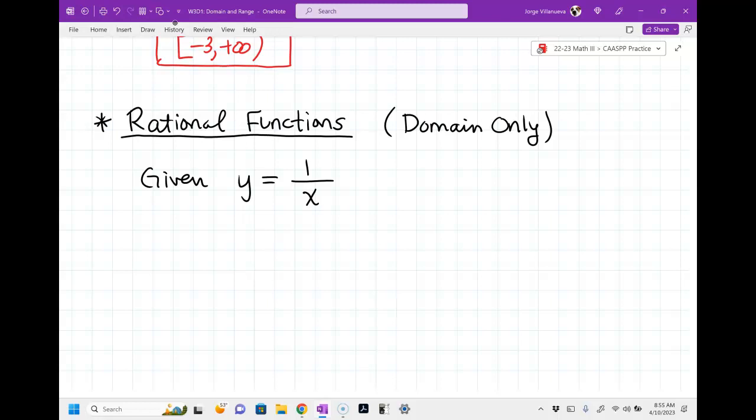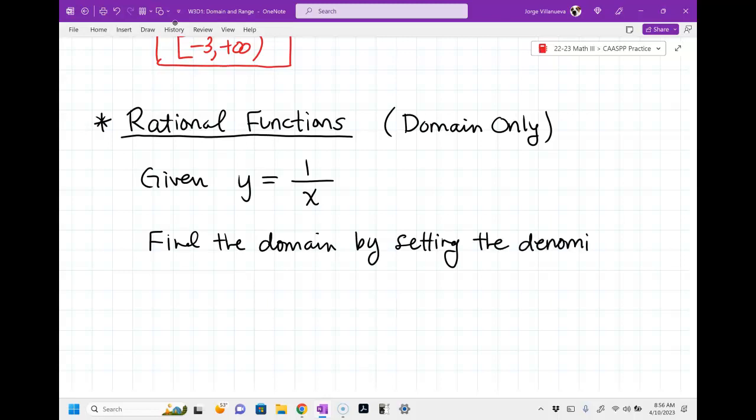Given something like this, the domain is found. I'm going to put right here, find the domain by setting the denominator equal to 0. Okay? So find the domain by setting the denominator equal to 0 and solve.